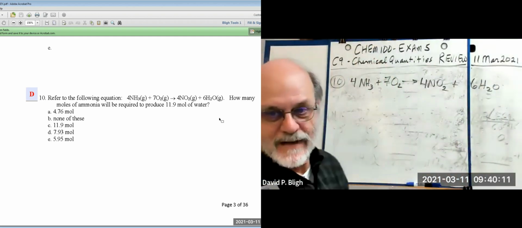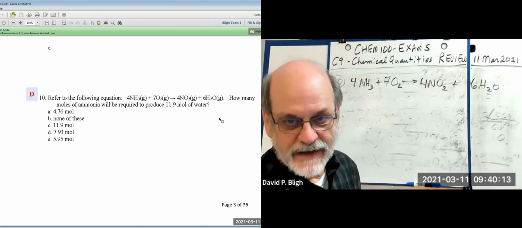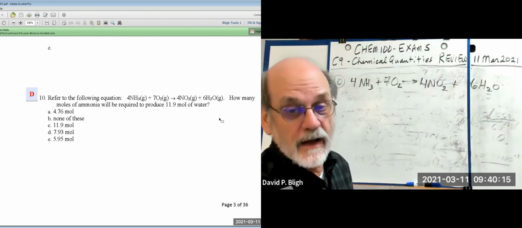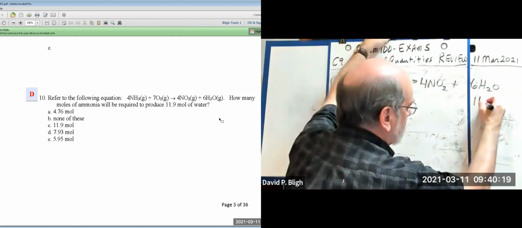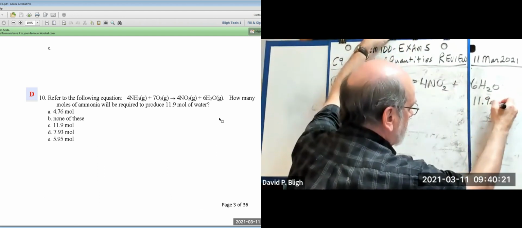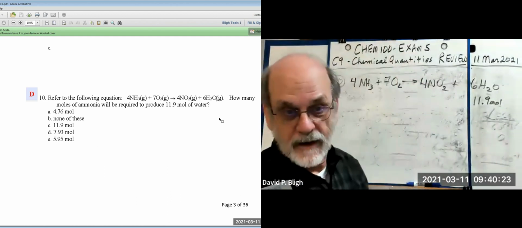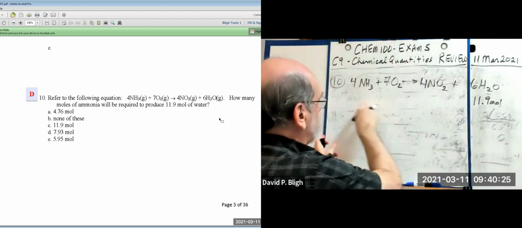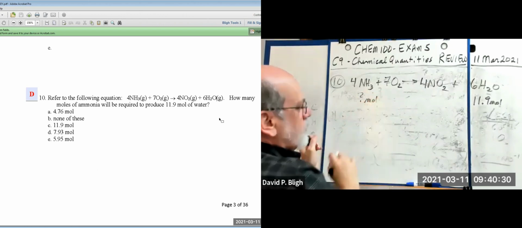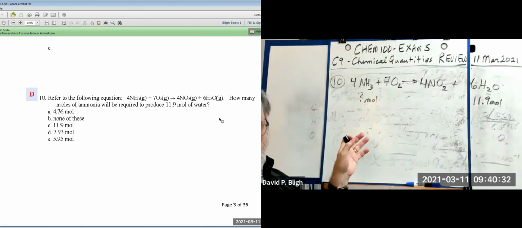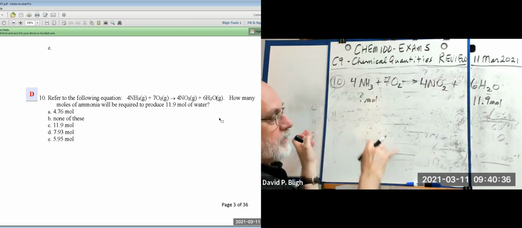Okay. So we're given 11.9 moles of water are produced. How many moles of ammonia are required? So that's the question. Moles of ammonia. Really simple, correct? This is just a simple conversion factor problem.